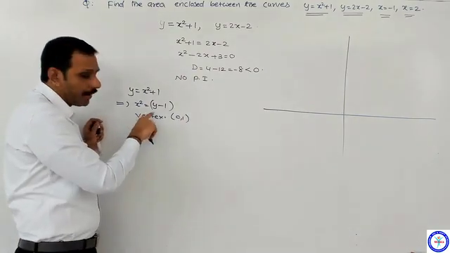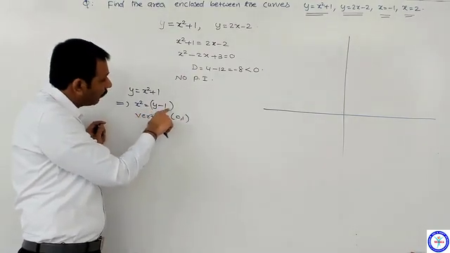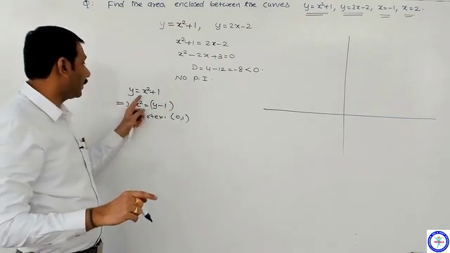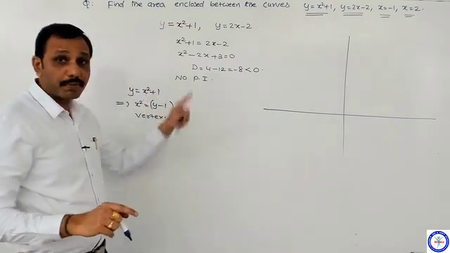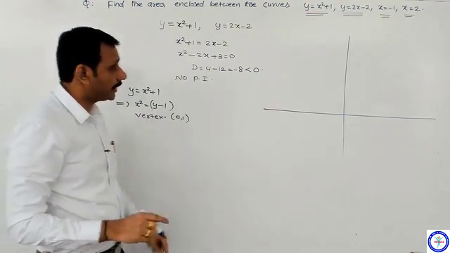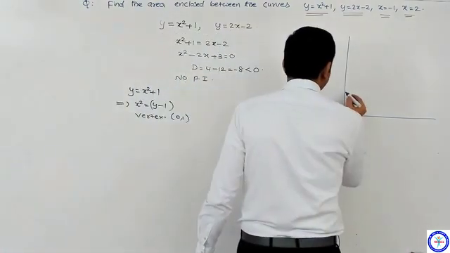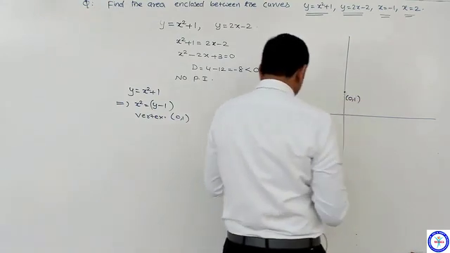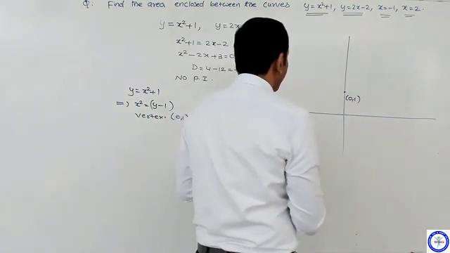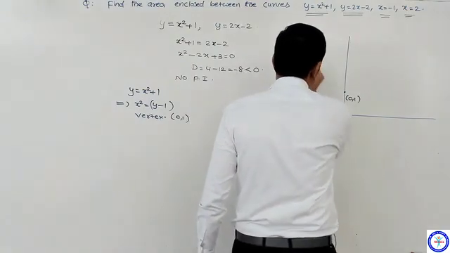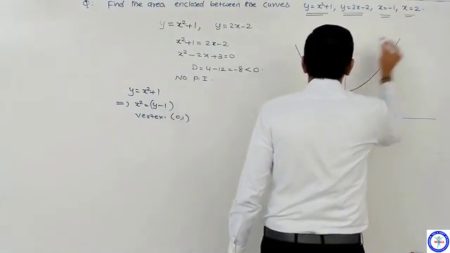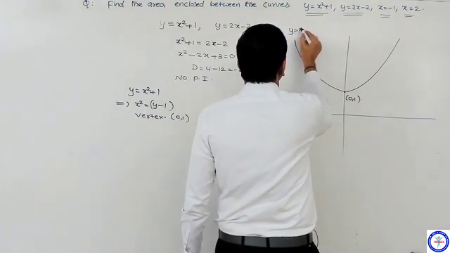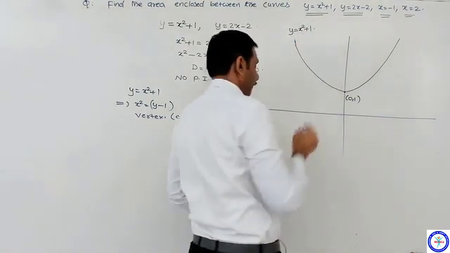And x square equal to 4a into y minus beta means it opens upwards, because the coefficient of x square is positive. Upward parabola with vertex at 0, 1. Let me take somewhere here it is 0, 1, and this parabola opens upwards. It is like the parabola whose equation is y equal to x square.